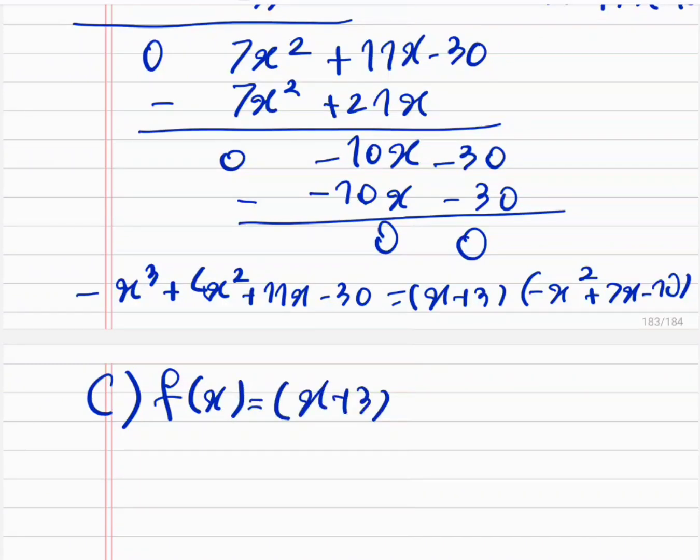And then this quadratic, which is minus x squared plus 7x minus 10, obviously the two roots must be 2 and 5, because 2 and 5 add to 7, and 2 times 5 is 10. But we should be careful because here is minus x squared, so we need to take that into consideration.